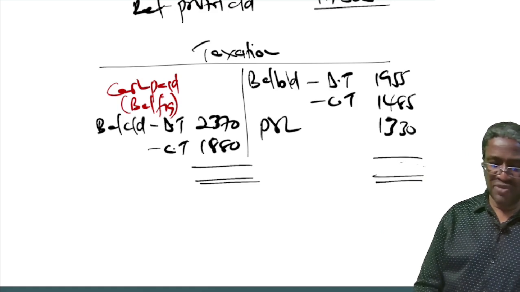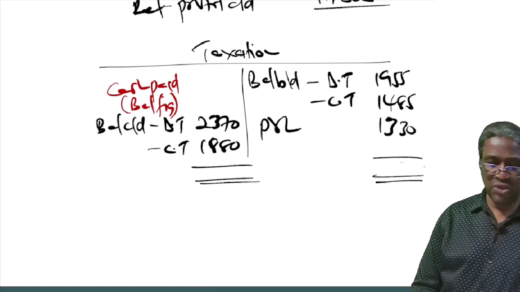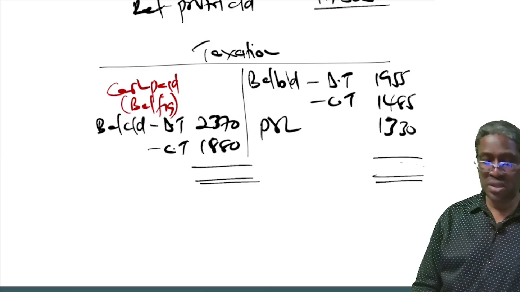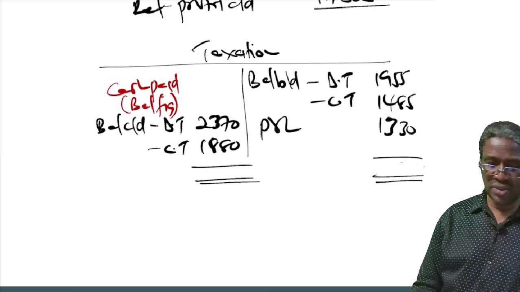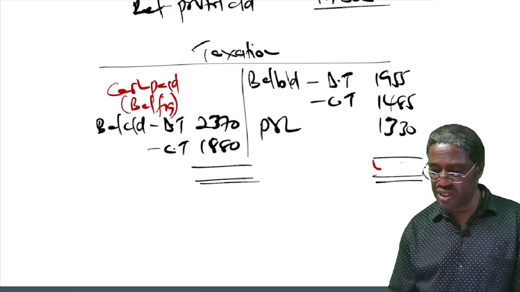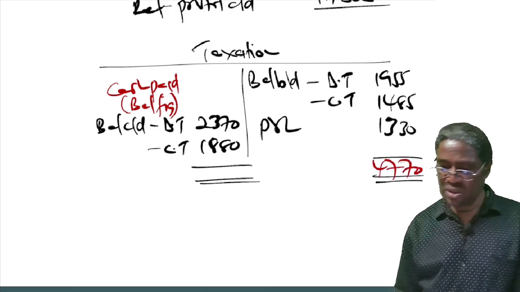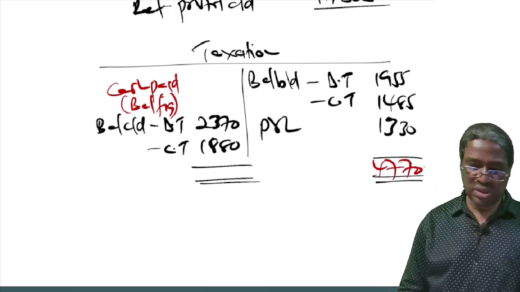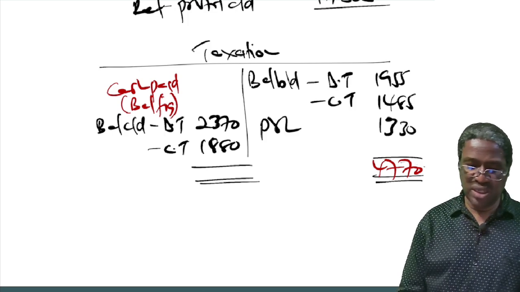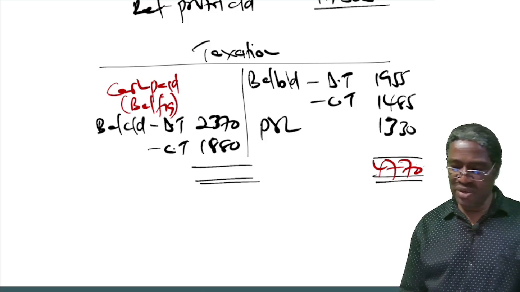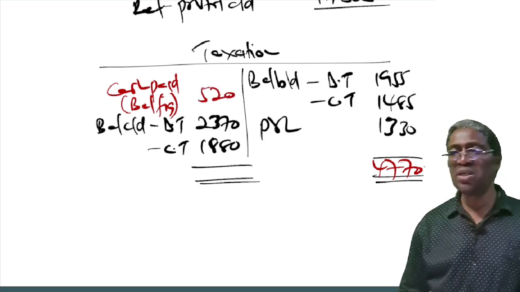That is 1955 plus 1485 plus 1330. That looks to me as 4770. I minus the debit, 2370 minus 1880. I'm remaining with a balance of 520 if I'm correct.